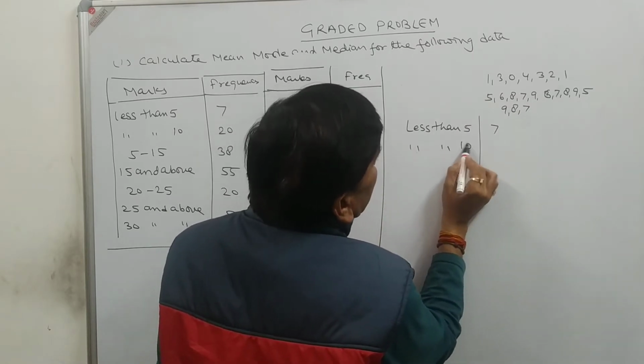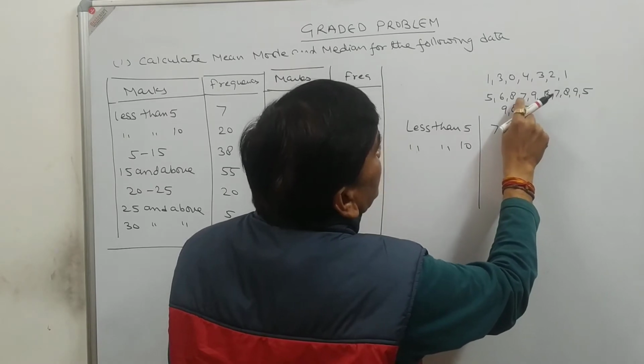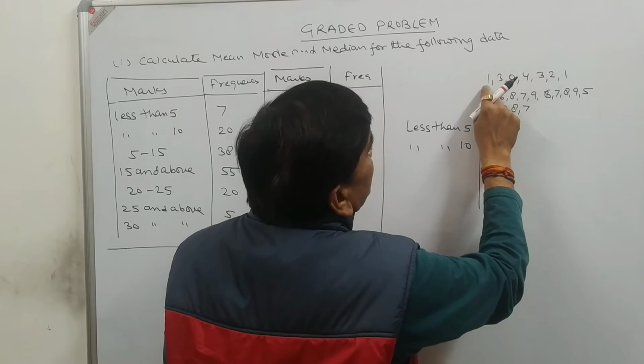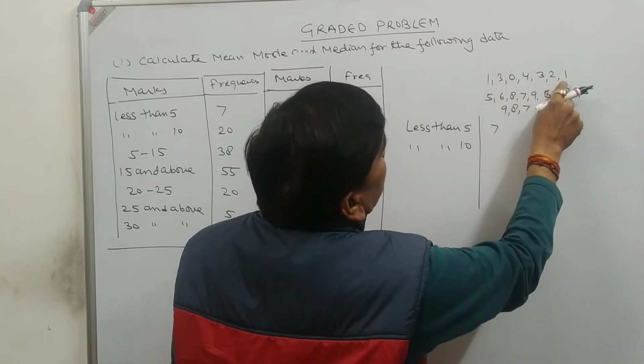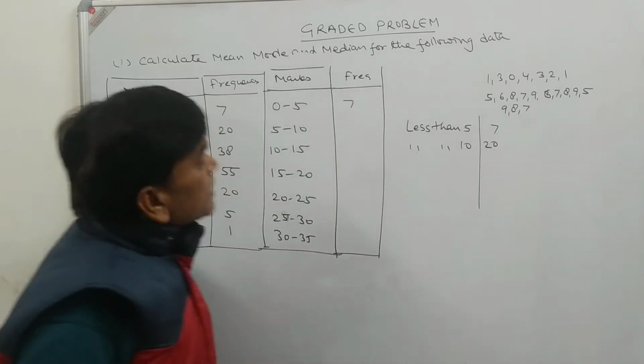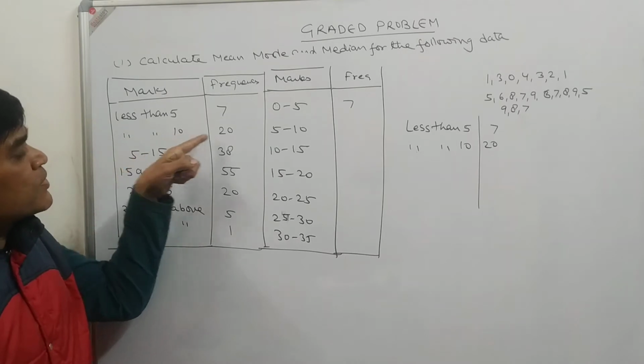Less than 10, counting 1, 2, 3, up to 20. Here the less than 10 is 20. Here it is written less than 10 is 20.